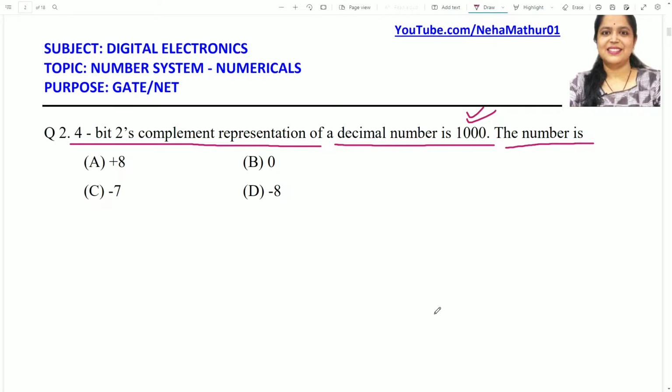I hope you are getting the question: you need to find that particular number, let us consider it x, for which the 2's complement is already mentioned, which is 1000. So you need to find the value of x.